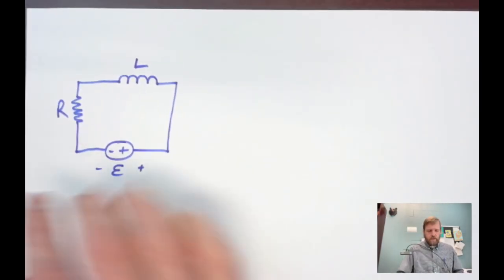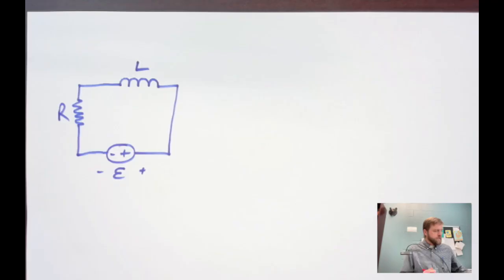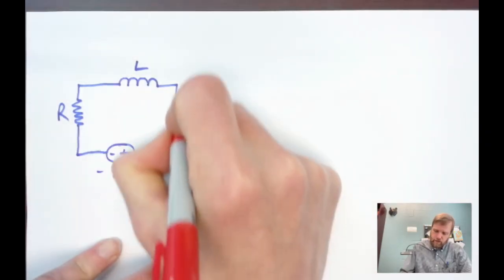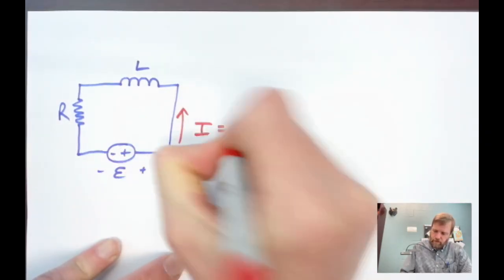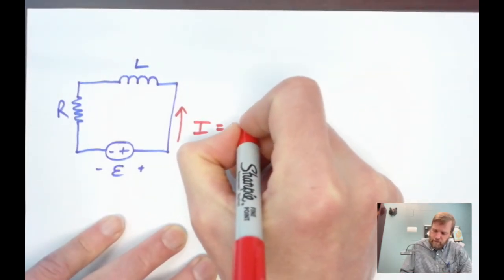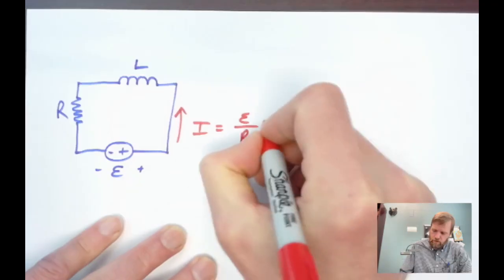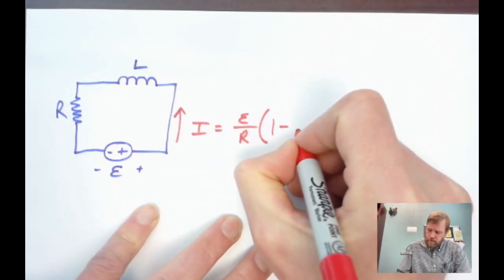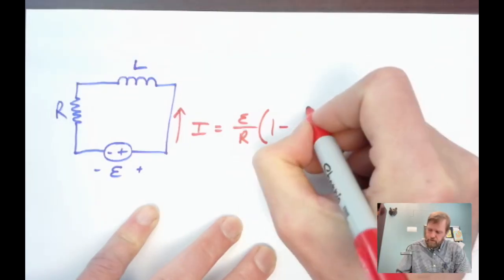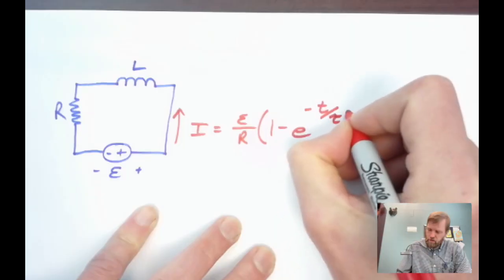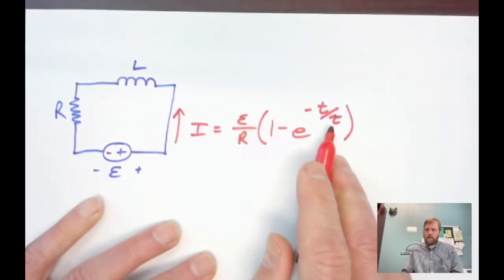So we're not going to work through the derivation of this, but just to let you know, the current in this circuit is also a function of time, and it is epsilon over R times 1 minus e to the minus t over tau, where tau again is the time constant.